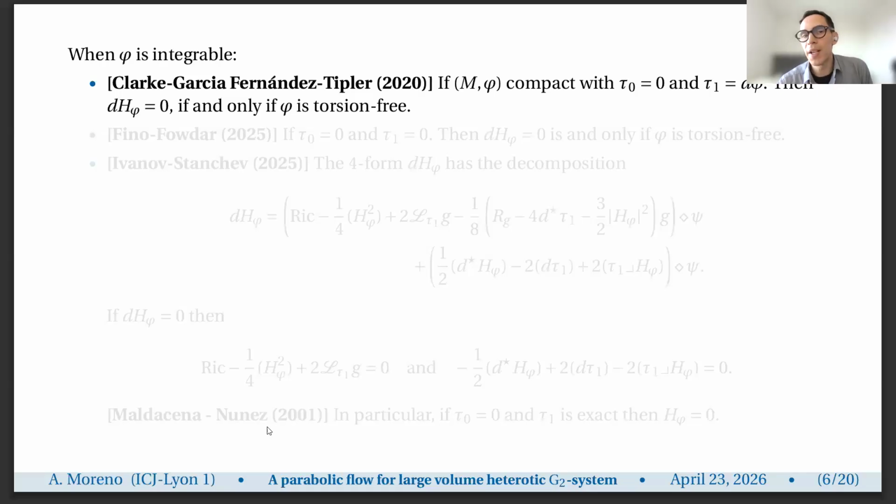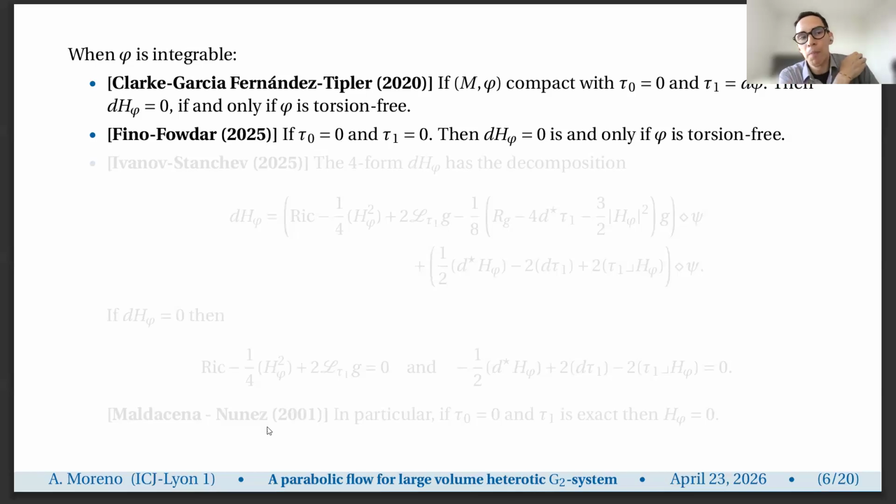So some motivations to study this kind of G2 structure is that if you are in some particular setting, as for instance in a compact manifold and tau naught vanishes and tau1 is exact, the integrable condition and the closed torsion condition is exactly equivalent to the torsion-free condition.